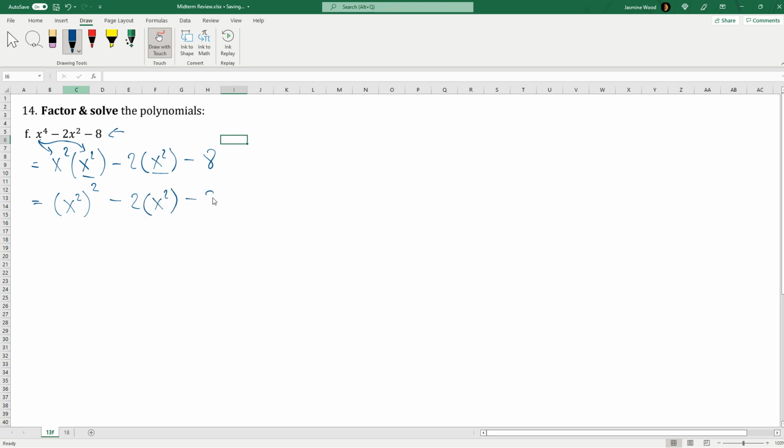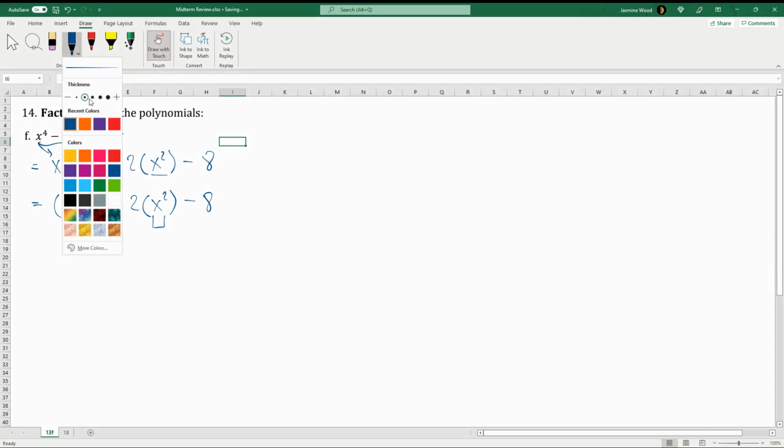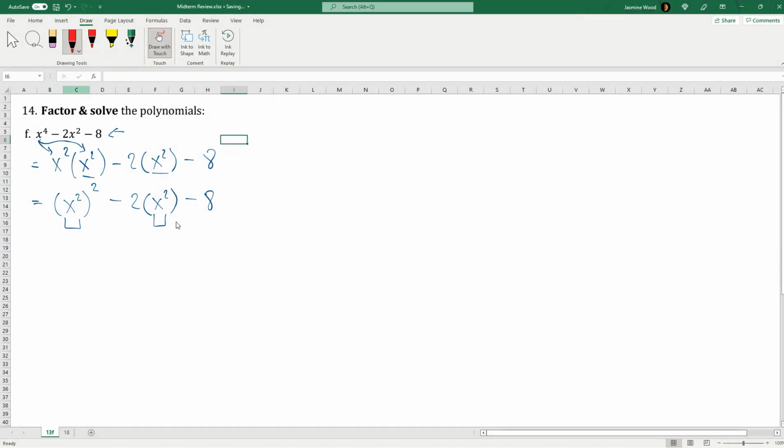Like so. So you can see here, there's a base x squared term contained within the first two terms of this expression. When you identify a pattern like that, that's a signal to use what's called the U substitution method.